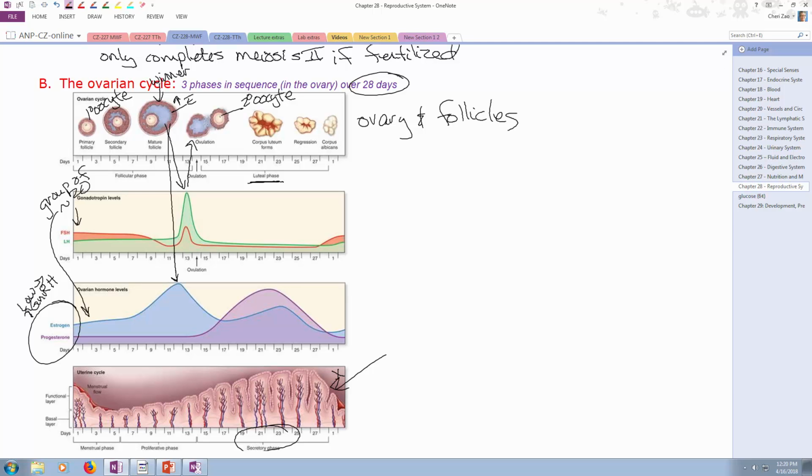Then the corpus luteum is primarily progesterone producing, though it's still producing estrogen, and is responsible for creating the secretory endometrial lining of the stratum functionalis. E is responsible for all of this proliferative phase.